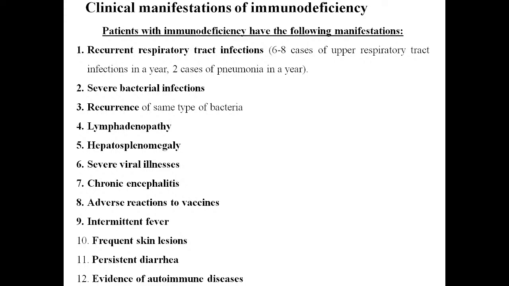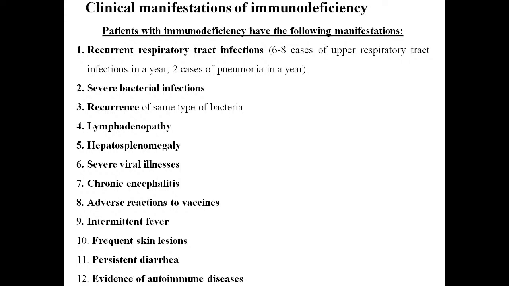They have recurrent or frequent respiratory tract infections. What does it mean? It means from 6 up to 8 cases of upper respiratory tract infections in a year, or 2 cases of diagnosed pneumonia in a year.